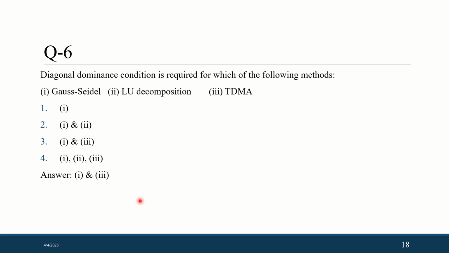Whereas in LU decomposition, we are just splitting the matrix and solving it in back substitution. So the diagonal dominance is not very required in the LU decomposition scheme. Whereas when we are dealing with the Gauss-Seidel and TDMA method, we need the diagonal dominance condition to be satisfied for sure. So the answer is 1 and 3, that is Gauss-Seidel and the TDMA. Both of these methods require the diagonal dominance condition.